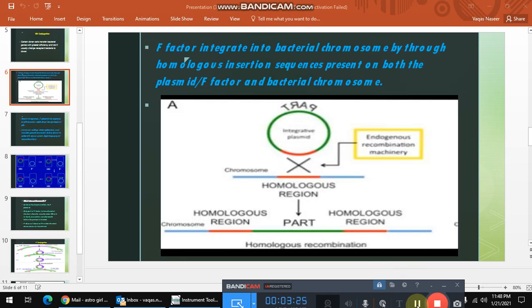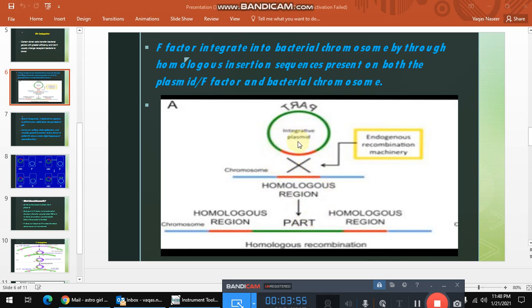Friends, first of all, see how the F factor gets integrated into the bacterial chromosome. Integration takes place through the homologous insertion sequences, which are present on both the fertility factor and the bacterial chromosome. You can see in this picture the red line, that is the homologous region present on both the plasmid as well as the bacterial chromosome, and then this plasmid gets integrated into the bacterial chromosome and an HFR, high frequency recombination, bacterial cell is formed.